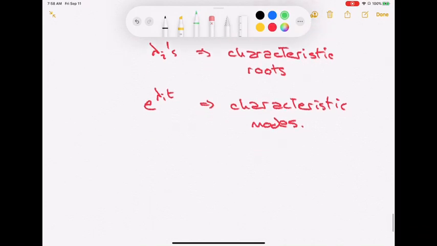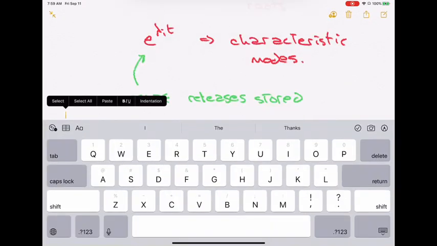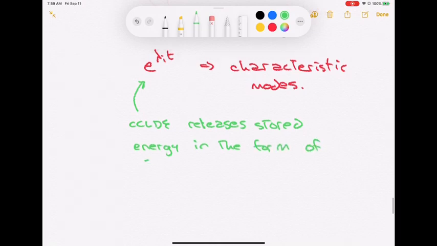So I would note that a constant coefficient linear differential equation releases stored energy in the form of a characteristic mode or a combination of characteristic modes.